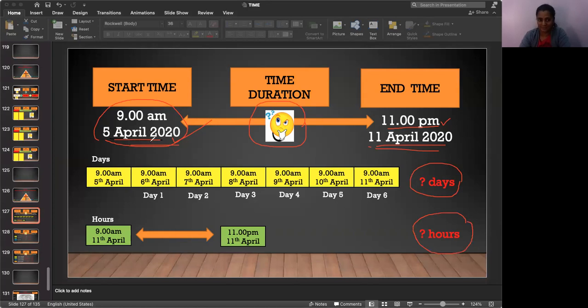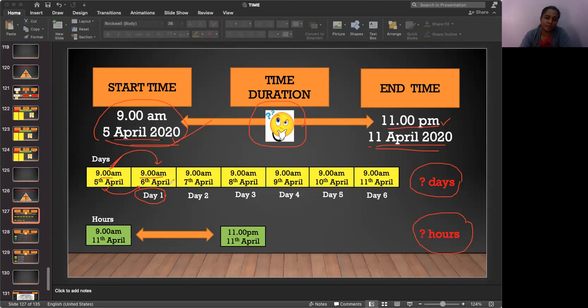How long exactly? To answer this question, we could simply draw a line, in which we say 5th April at 9 a.m. until 6th April at 9 a.m. From 9 a.m. to 9 a.m., you must understand that's 24 hours. So that's when one day has taken place.